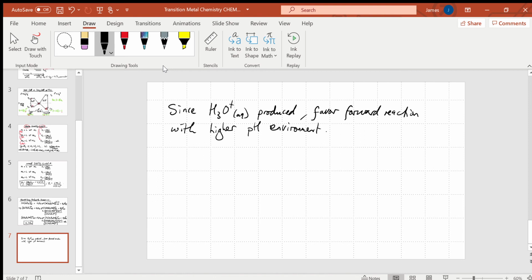So that would be Le Chatelier's phenomenon.